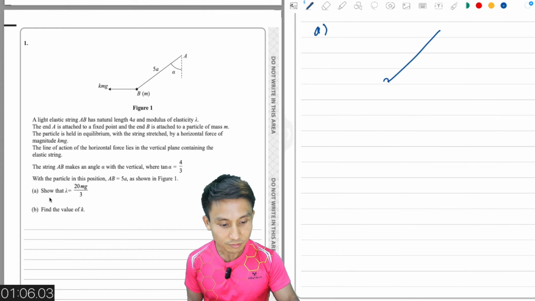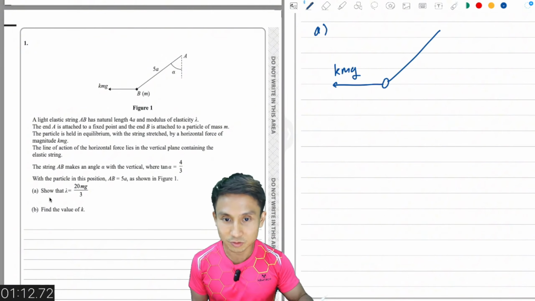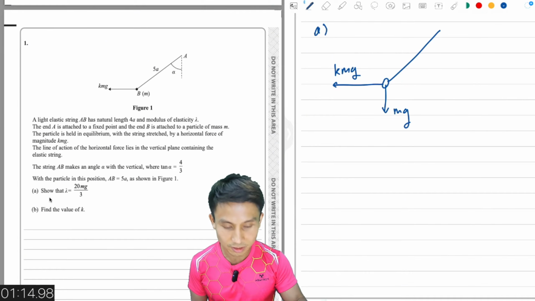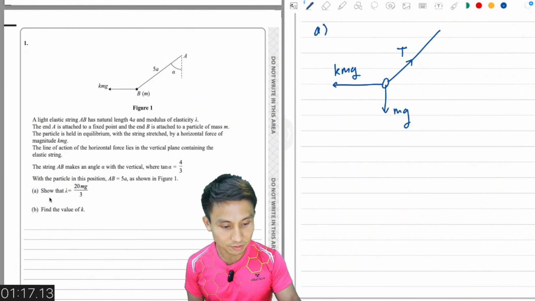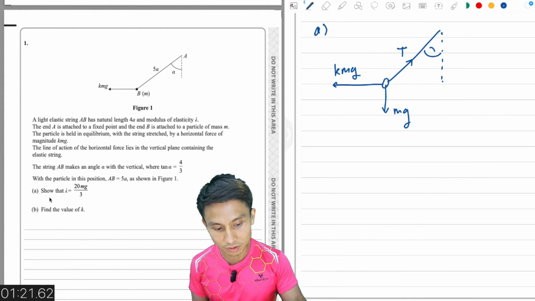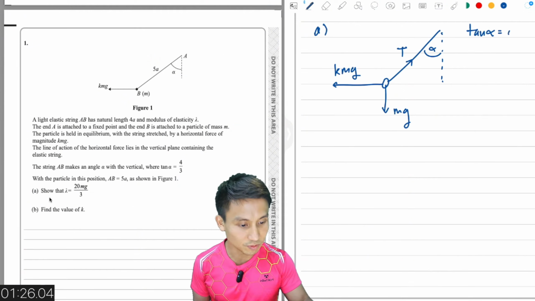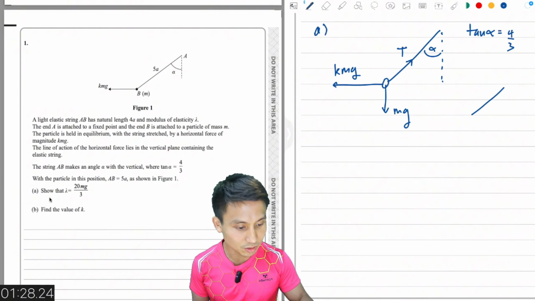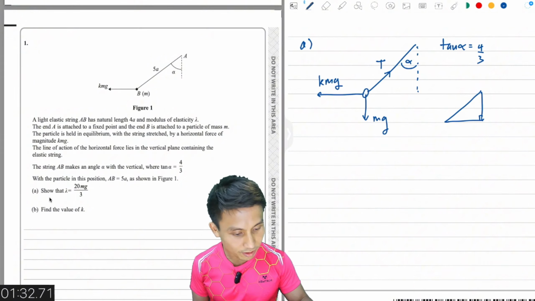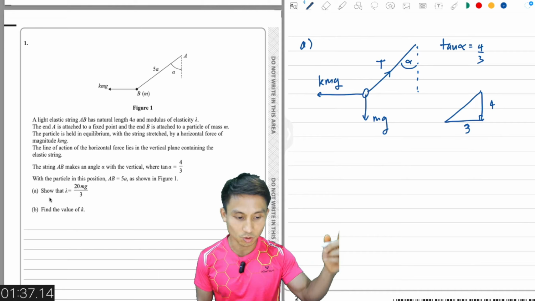So if I draw the force diagram, this is kmg here, and of course the mass of the particle is m, so there is a weight here, mg, and there is a tension of the string. And because we are given this alpha, with tan alpha given to be 4/3, we can draw a little right angle triangle where tan would be 4/3, so opposite over adjacent.